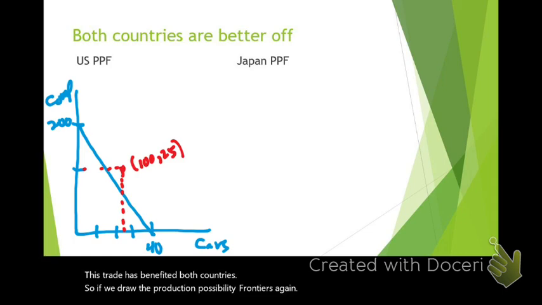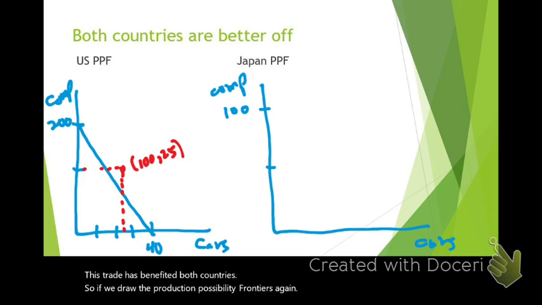Let's look at Japan's benefit. So we have the production possibility frontier for Japan. And now Japan is at 100 cars and 25 computers.